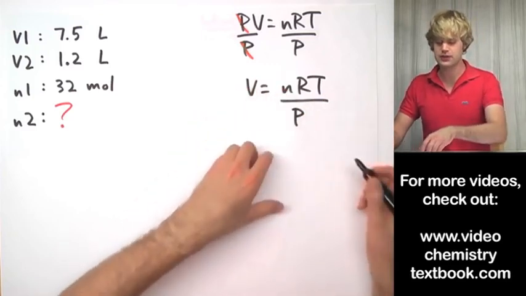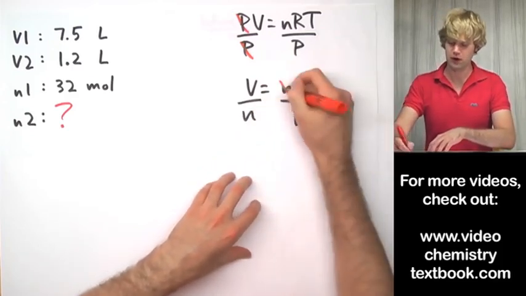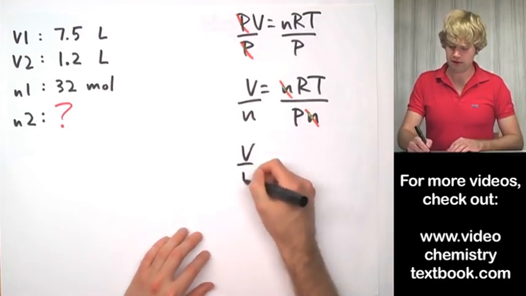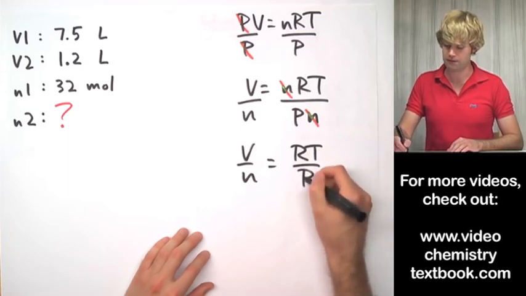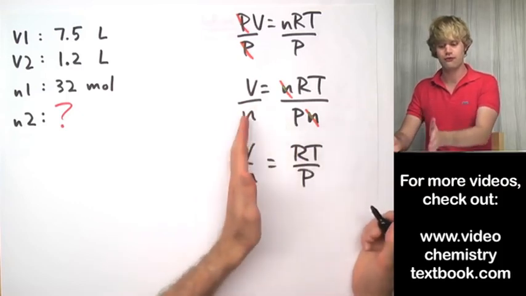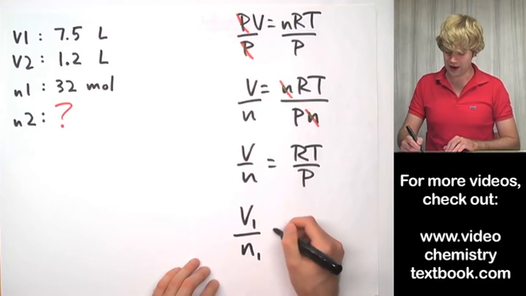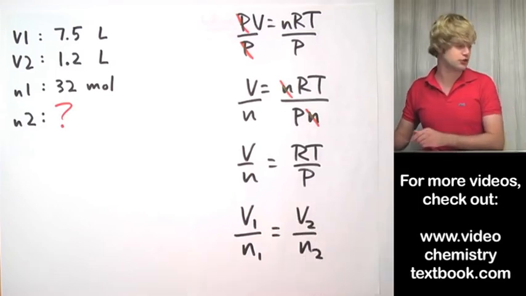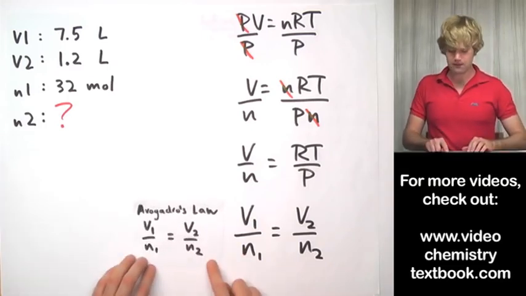So I'll divide both sides by n here. Cross that out. And then I have V over n equals RT over P. I have this guy by itself, so let me double it before and after on both sides of the equal sign. V1 over N1 equals V2 over N2. And what I did there was I came up with Avogadro's law.